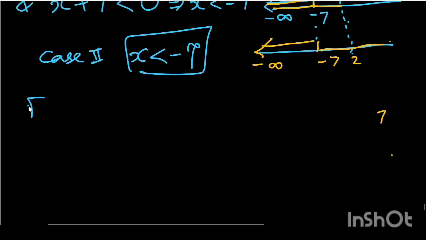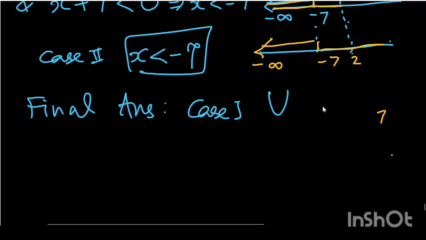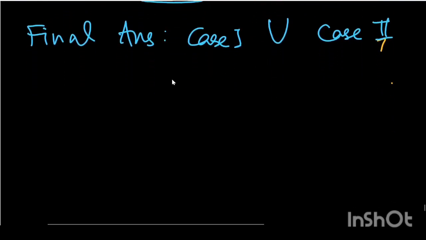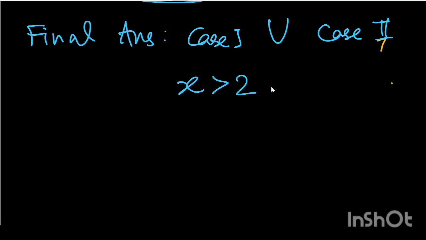So the final answer would be the union of what? The case 1 answer and case 2 answer. So case 1 answer, what we got was x greater than 2.